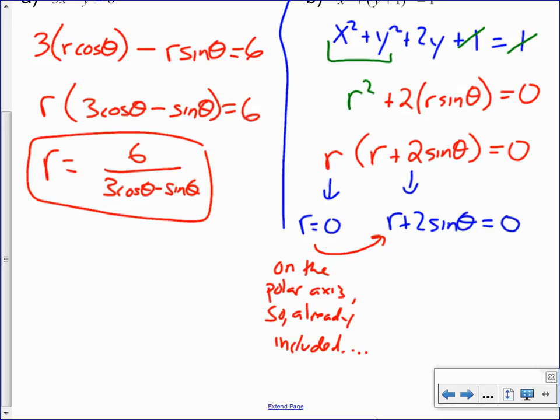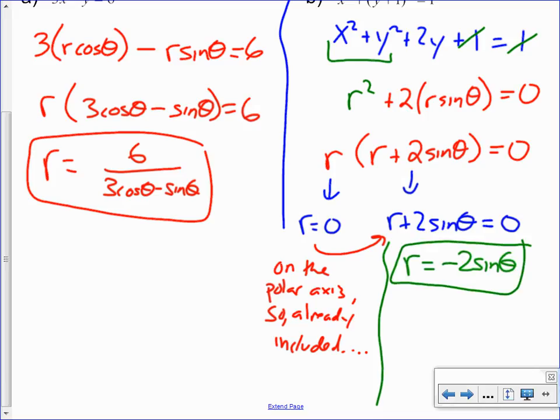So it's just the second formula that we need to solve, for r in terms of theta.